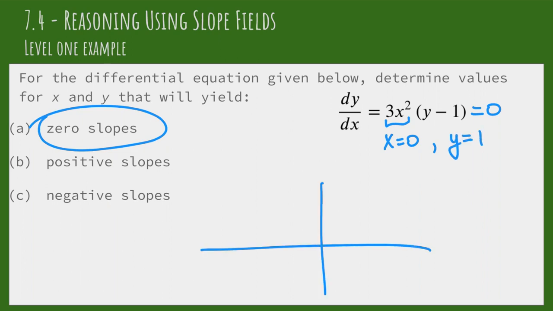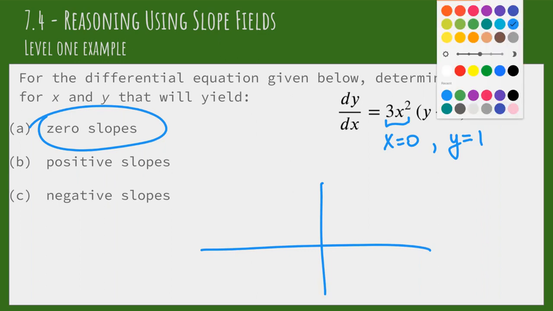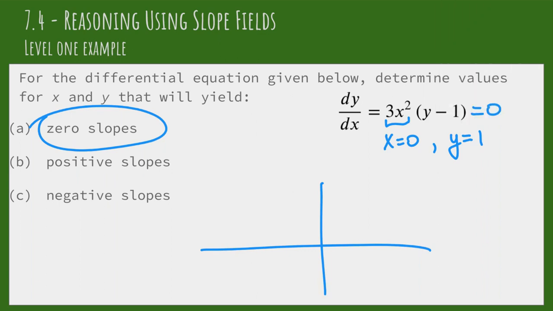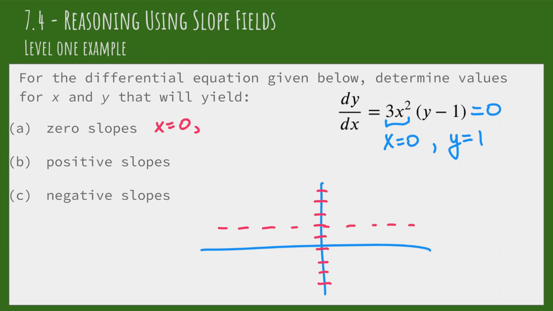So in a slope field, we would see horizontal slope lines where x is equal to zero, which is the y-axis. So we would see horizontal slopes along the y-axis, and then also where y equals 1, we would see horizontal slopes along there. So let me jot that down: where x equals 0 and where y equals 1.